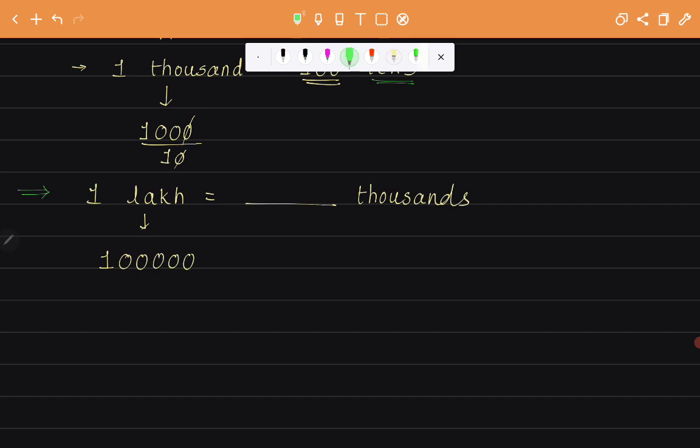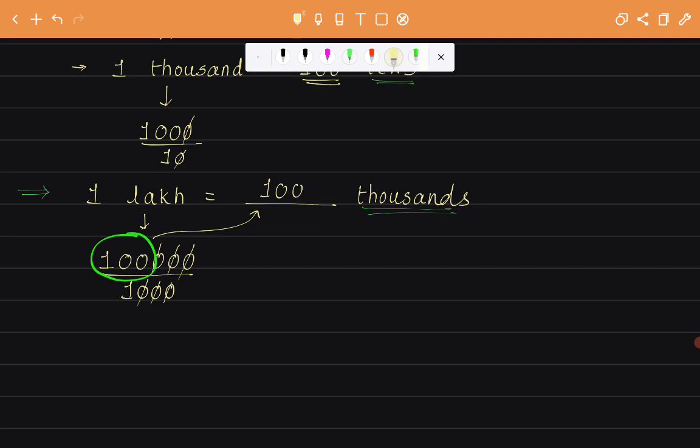Here we are dealing with 1000, so we put it under. Basically we are dividing here, because we need to see how many thousands are included in 1 lakh. So 1, 2, 3, 1, 2, 3. I can easily say that 100 is your answer. That in 1 lakh, 100 thousands are involved.